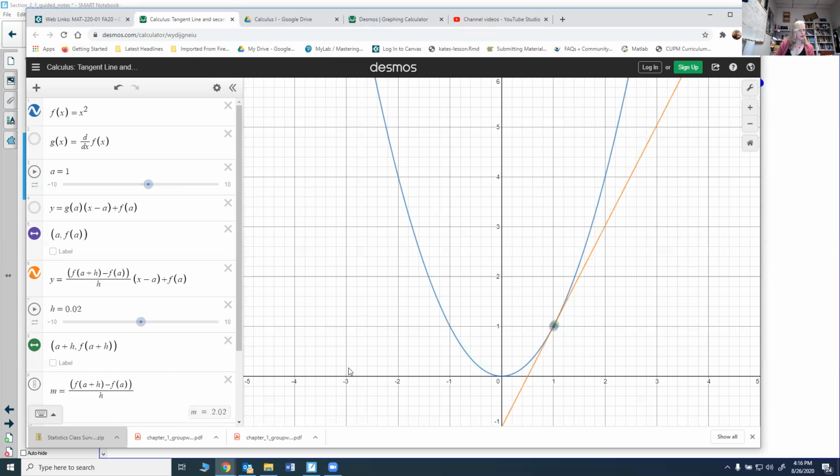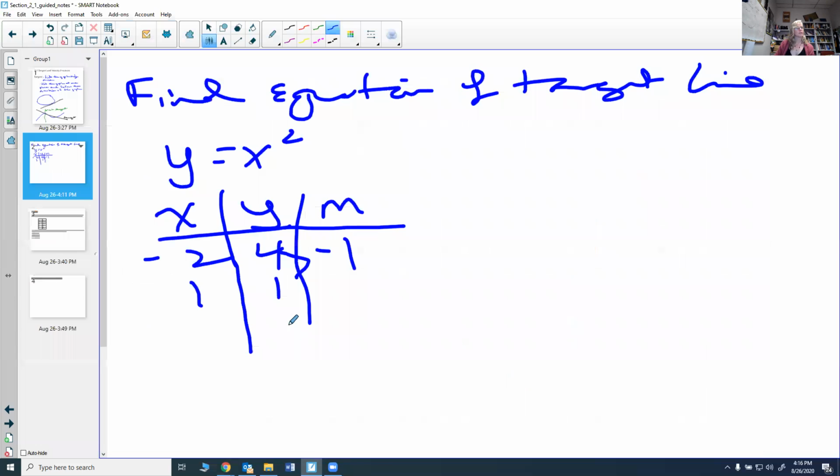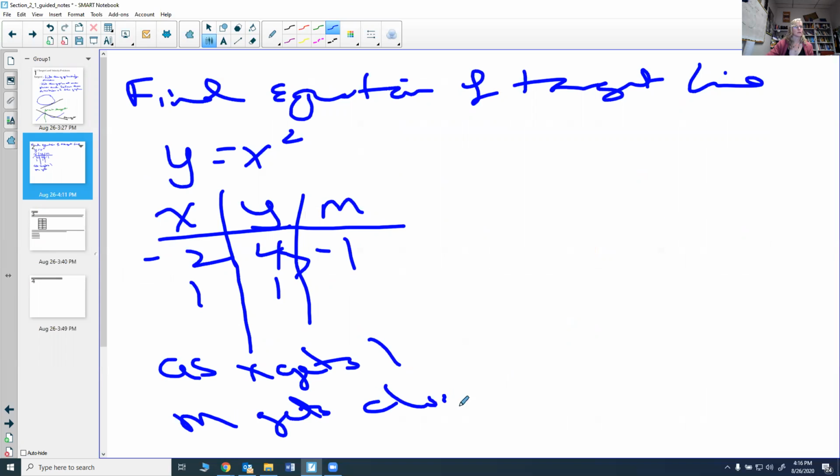So we can see what's happening. If we wanted to, we could write those values down in here. But we can see that as x gets close to 1, the slope gets close to the number 2.